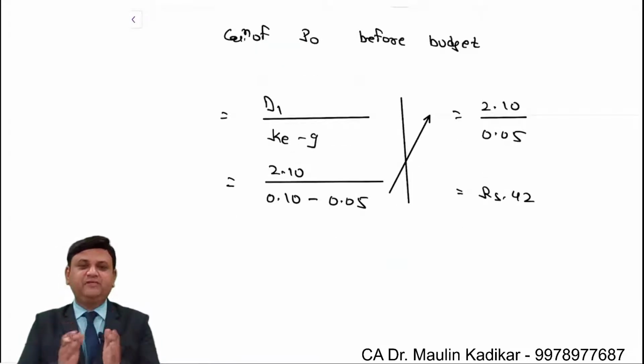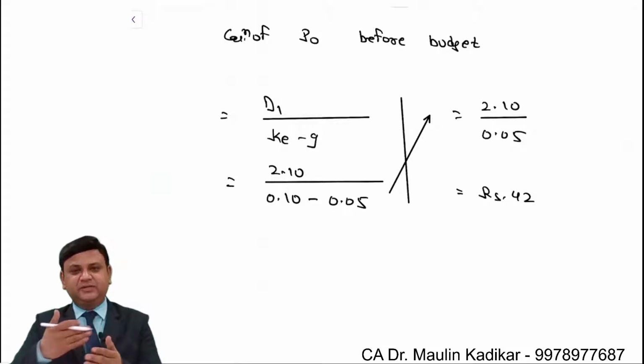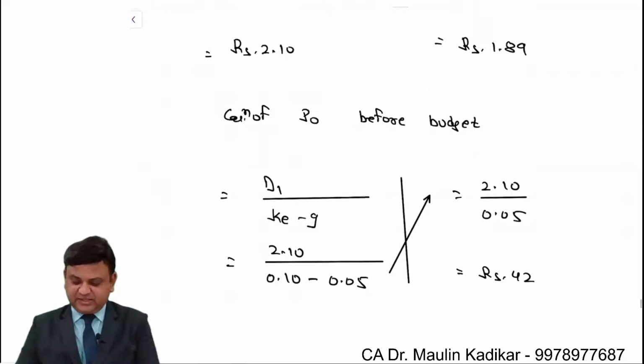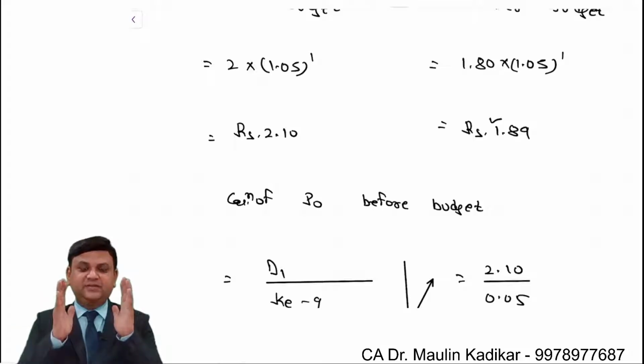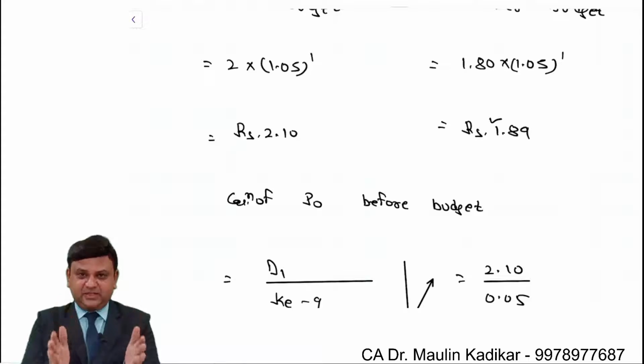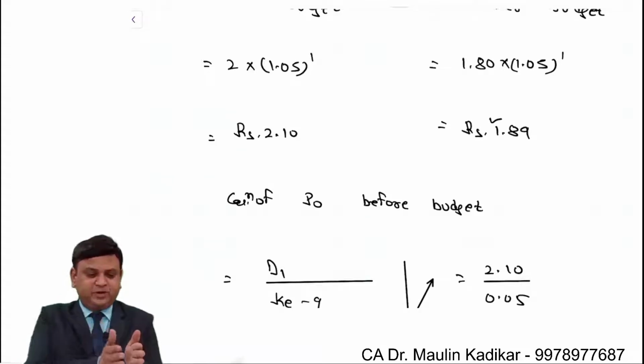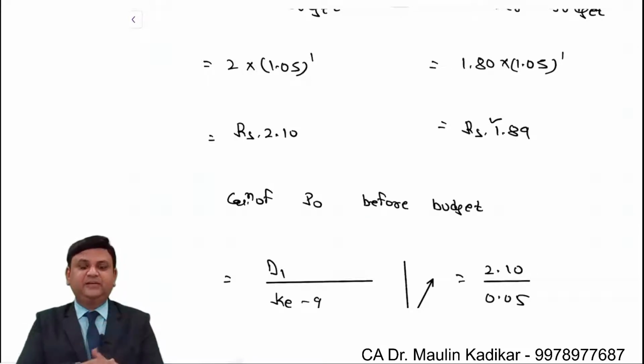Now, friends, when we are supposed to calculate the price after budget, we understand that whatever income we receive is post tax, so the discounting rate should also be post tax. Earlier the investor had a return expectation of 10 percent, because whatever the investor was getting, 30% was paid in the form of tax and the remaining 70% was retained, so that was the net earning the investor had.